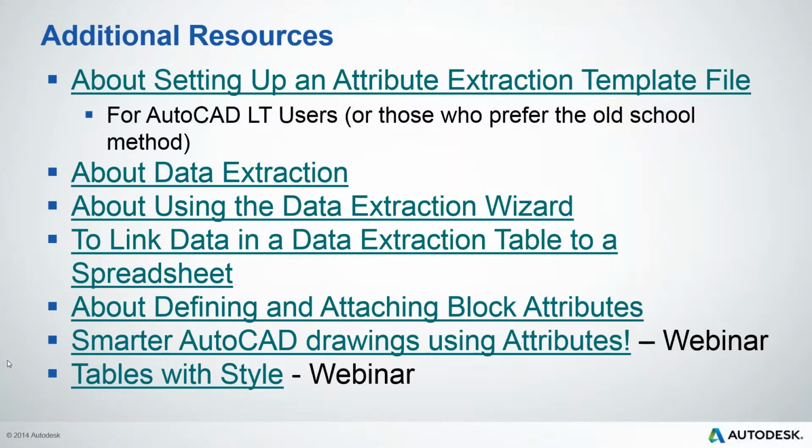So if you do want to just see how do I extract attribute data to a table, and how do I create a table with style, then I'd encourage you to check out those two webinars and the data sets that we have available for those. Other good information here as well. So that said, I suppose we should just get right into taking a look at how all this works.